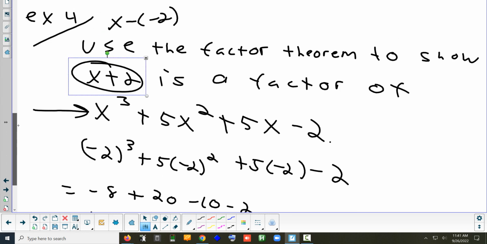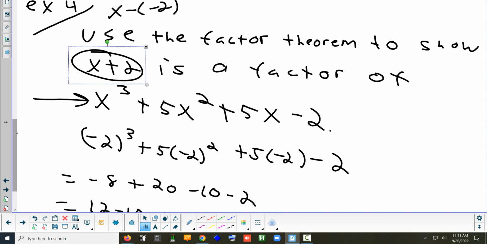So if you wanted to factor x cubed plus 5x squared plus 5x minus 2, one of the factors is x plus 2.